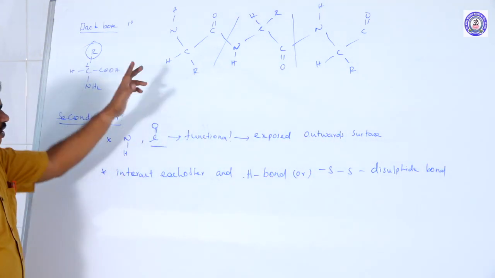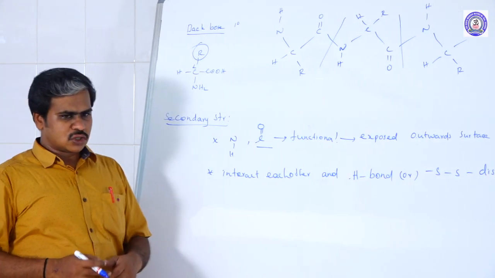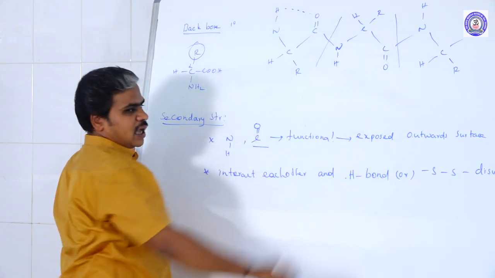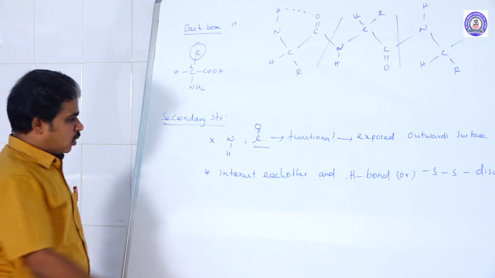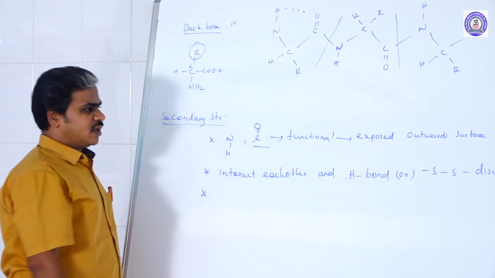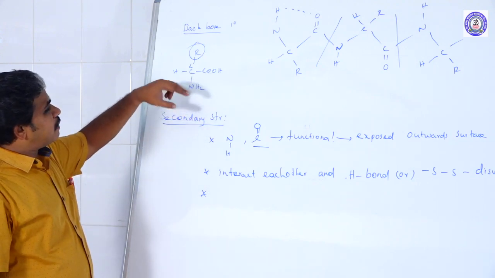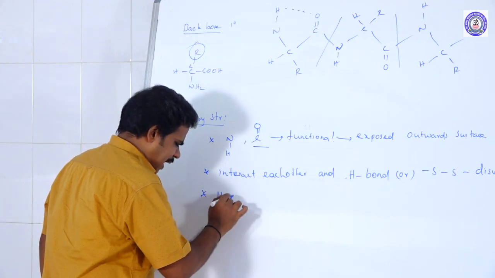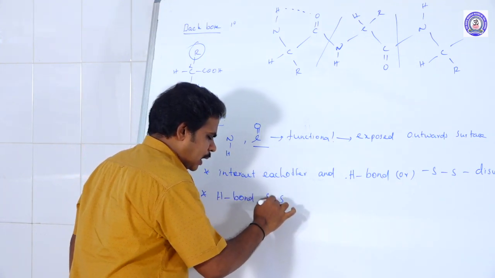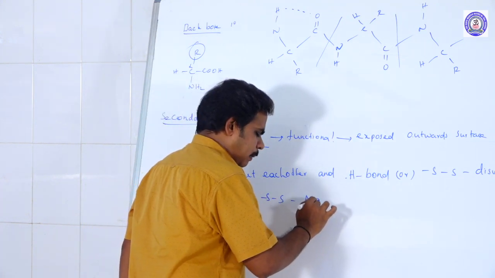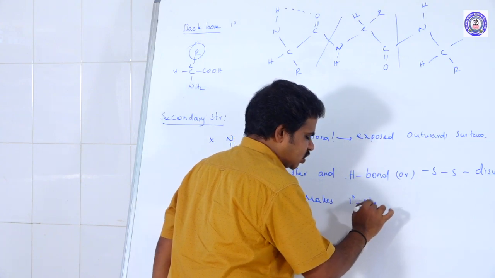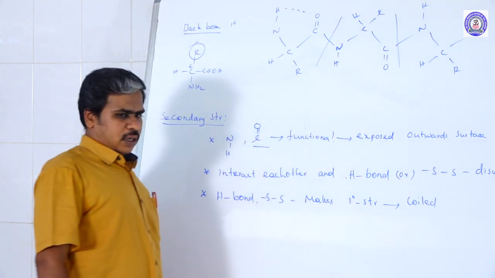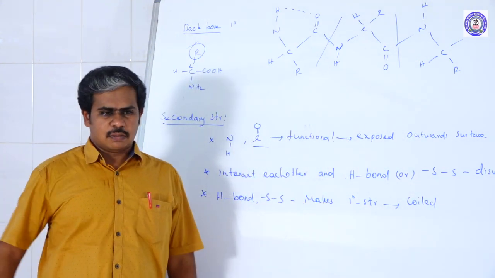So the NH and the CO functional groups are exposed outwards, so they interact with each other and make a hydrogen bond. Now, this hydrogen bond and disulfide bond makes the primary structure get coiled or twisted.